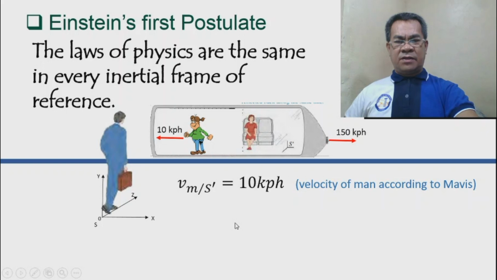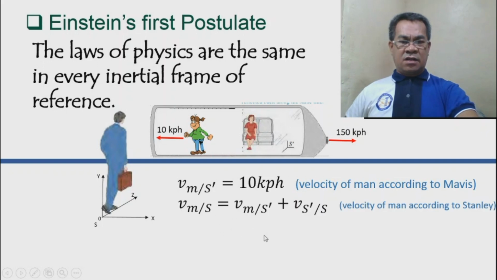But what is the velocity according to Stanley? According to Stanley, the velocity of the man with respect to S is the same formula: the velocity of the man with respect to Mavis or the moving frame, plus the velocity of the train with respect to Earth.